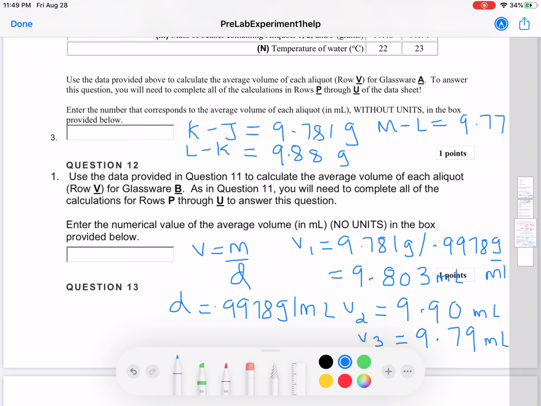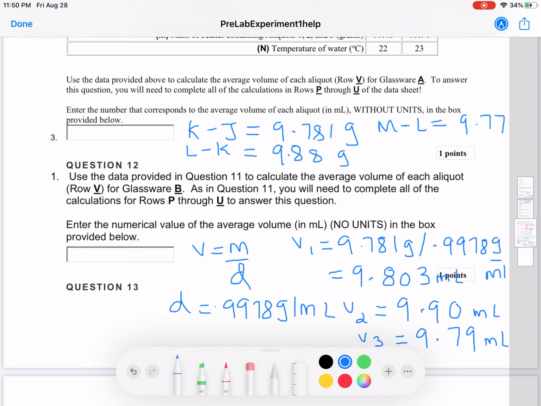Now to find the average, you're going to add these 3 together: 9.803 plus 9.90 plus 9.79. This is addition, so we have to keep 2 decimal places. You add all these up, it gives you 29.49, and then you divide by 3 to find the average volume, 9.83.